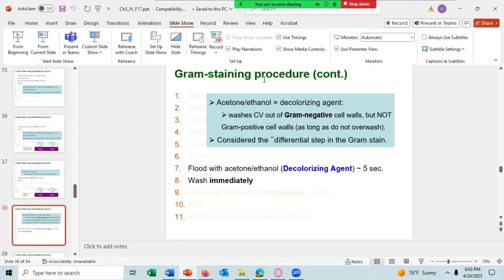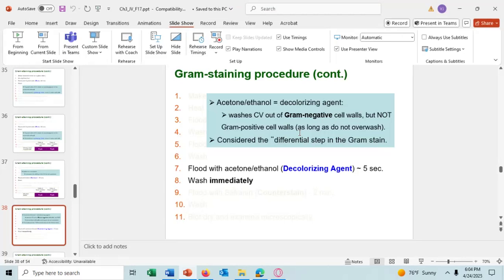The acetone ethanol washes the crystal violet out of the gram-negative cells, but not out of the gram-positive cells, at least if you do this step correctly. The best way to do it is to hold up the slide so you can view it from the side, and then apply the decolorizing agent, watching the decolorizing agent removing the purple stain from the slide.